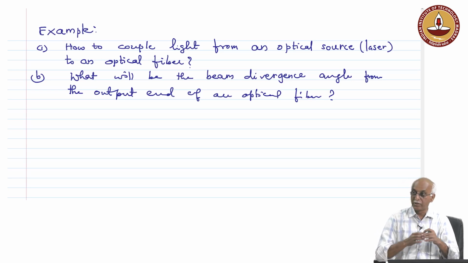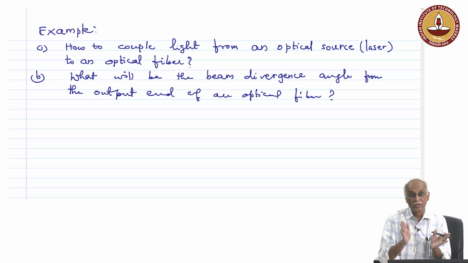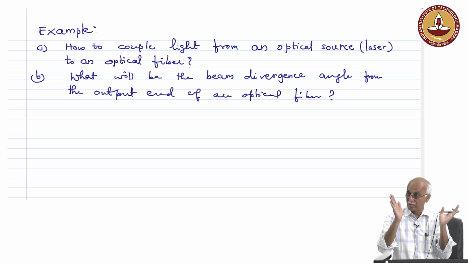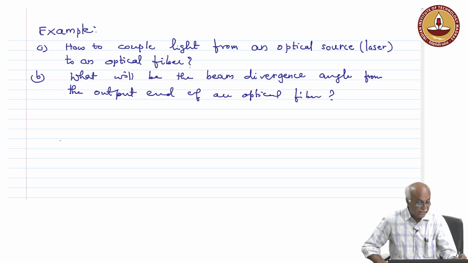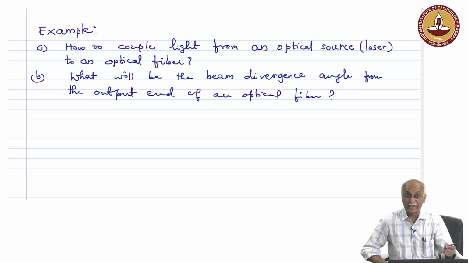Otherwise it cannot be coupled. Secondly, the acceptance angle plays an important role. When we focus, the light is going to converge, and if that angle is larger than the numerical aperture or the acceptance angle of the fiber, it will not be able to couple.